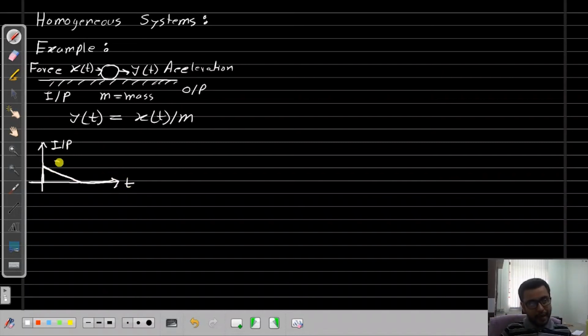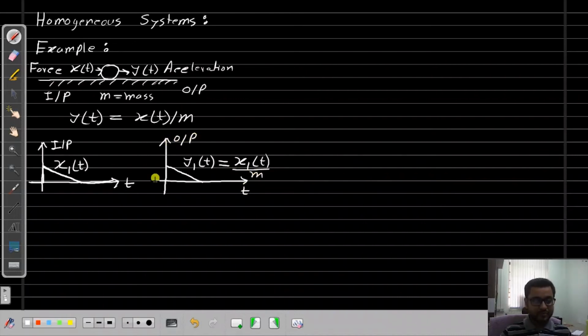Call this particular pattern as x1 of t, some function of time. Then the output as a function of time will also look like this. Call this pattern as y1 of t. That will be same as x1, the force, divided by the mass.